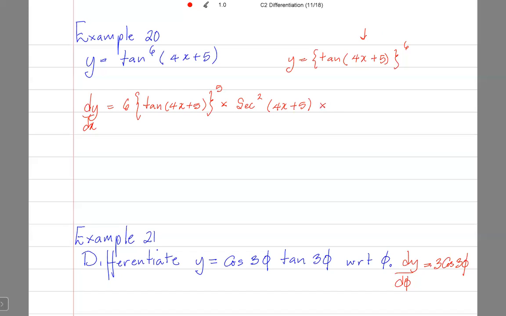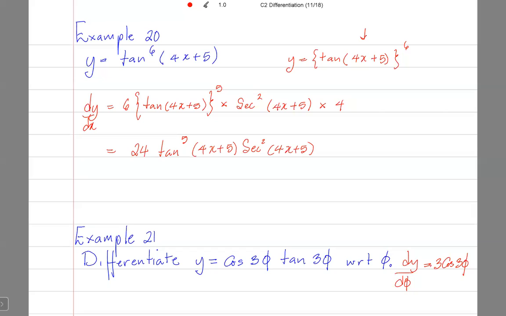Then I also have to multiply by the differential of the inside function, which is 4x plus 5. When I differentiate that, I'm going to get 4. So my final answer should be 4 times 6 is 24, and we have tan to the 5th power of 4x plus 5, sec squared of 4x plus 5. Any problems with what I did?